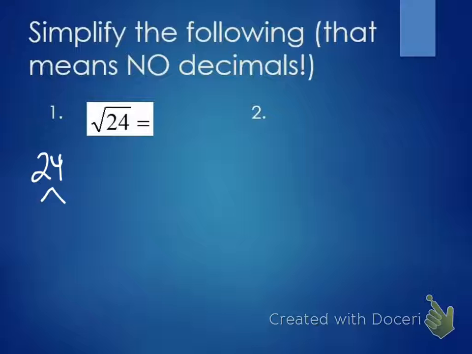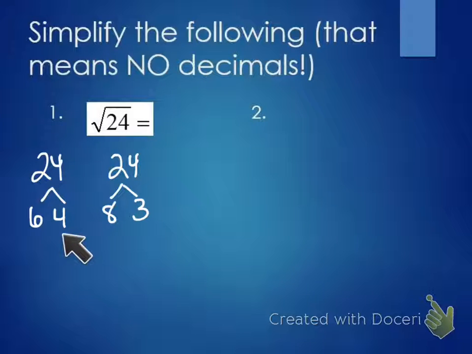Okay, why do I like 6 and 4 more than 8 and 3? So both of these would be appropriate. Does anyone think they know why I like 6 and 4 more? Why is it quicker to simplify? In the end, it really doesn't matter.